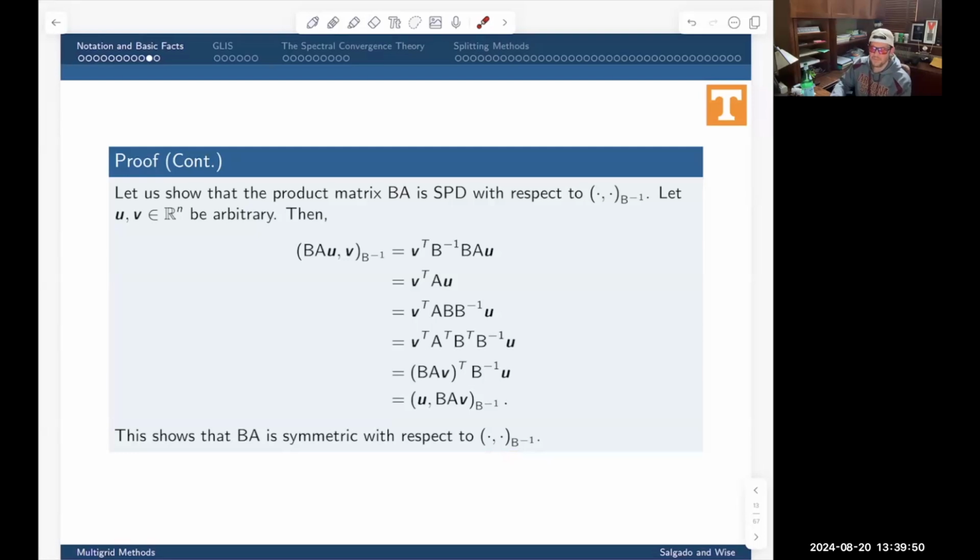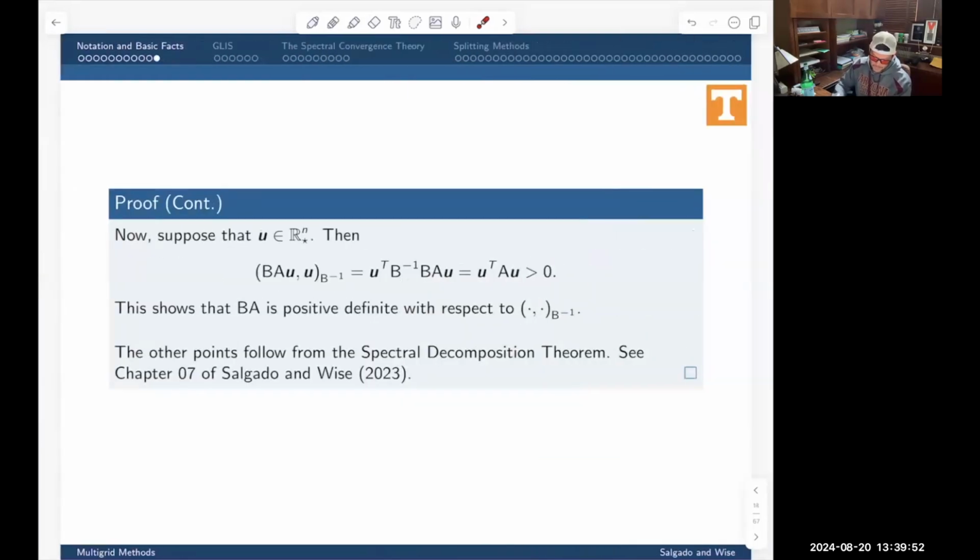But what about the positivity? The positivity is not hard to show. You just need to start off with a vector which is non-zero. Make your definition here, since I want to show that this object is positive. I use my definition to write it out. Of course, the B inverse hits on B and kills it; they self-annihilate and just become the identity.